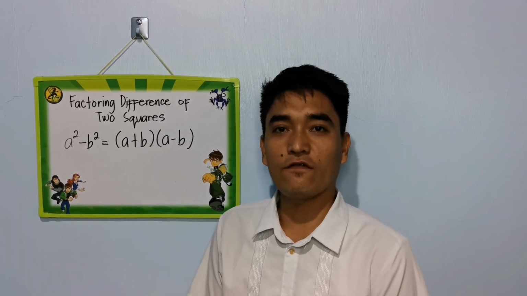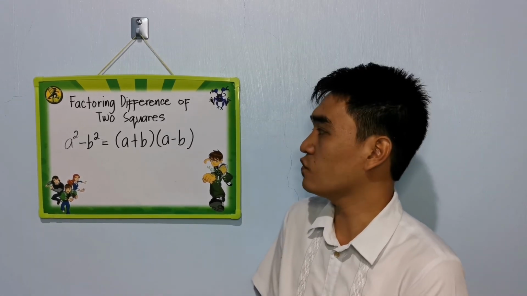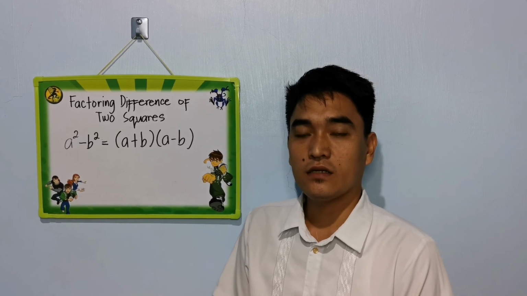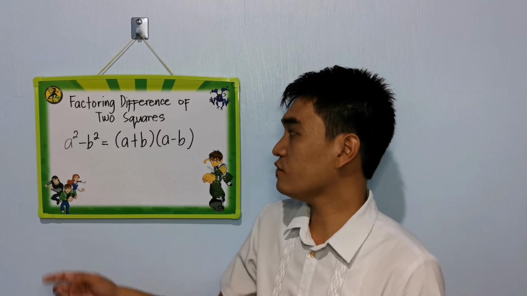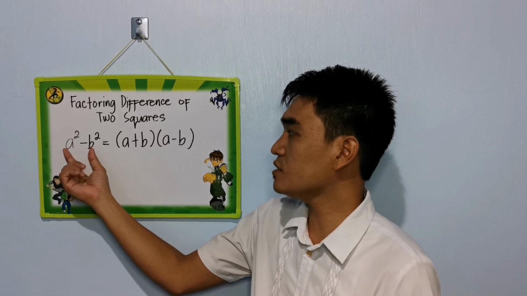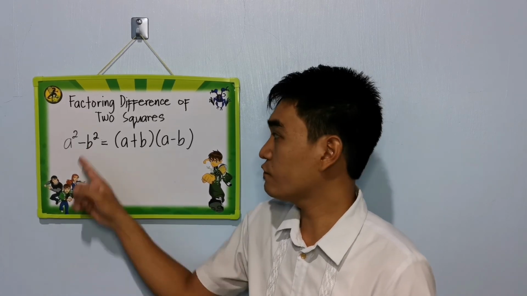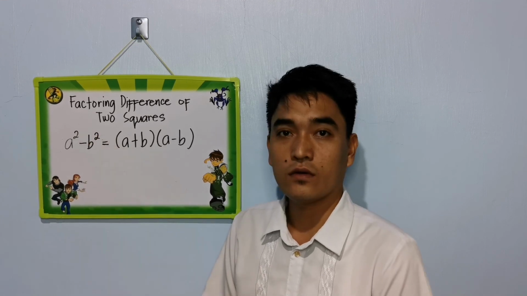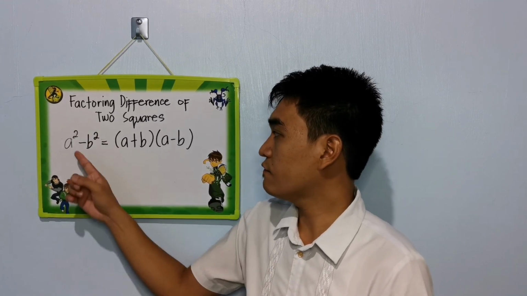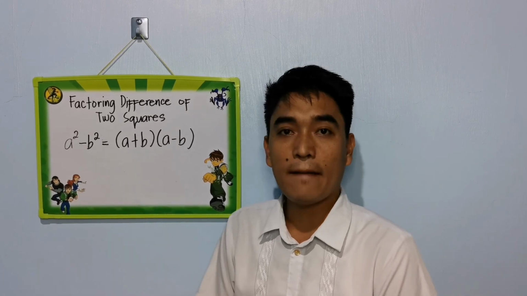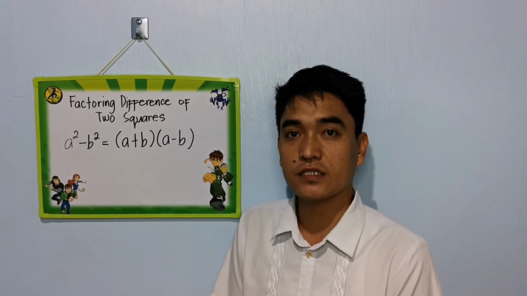So that's it for factoring the difference of two squares. Let us sum up. First, we have to express the two terms in the power of 2, or we have to remember that the first and the second term must be perfect squares.